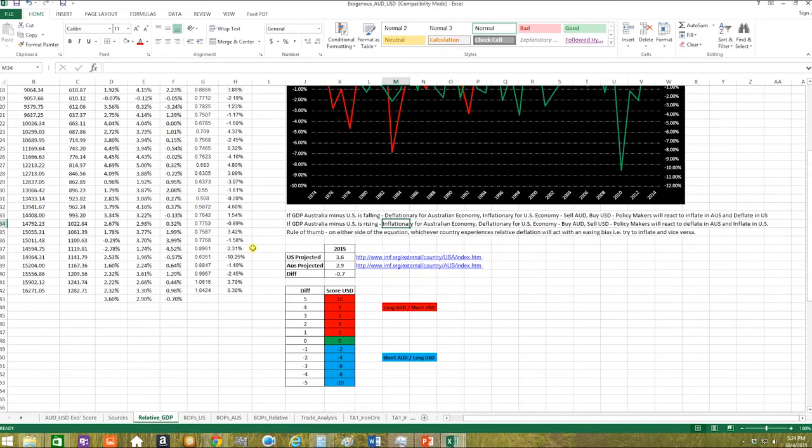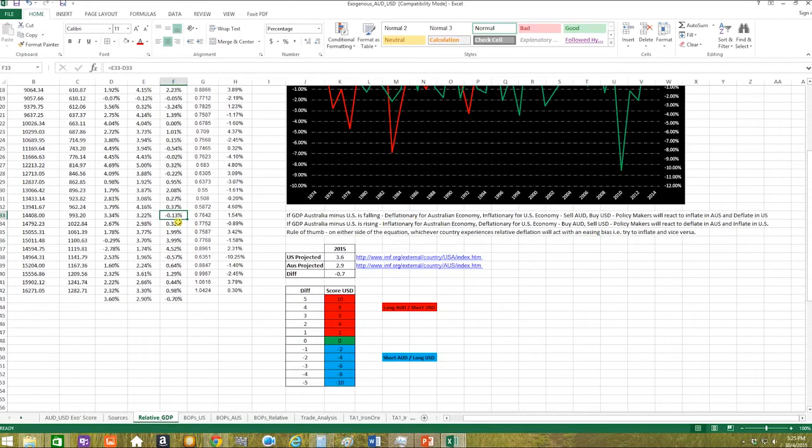And our bias is to look to buy Aussie dollar to sell US dollar. Now remember our dynamic principle, that we can't buy a currency without selling another one first, and vice versa. So this is why we use the phrase sell Aussie dollar to buy US dollar, buy Aussie dollar to sell US dollar, because we can't do what's on the left-hand side without doing what's on the right-hand side.